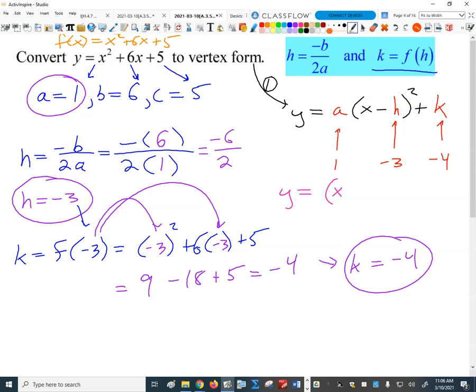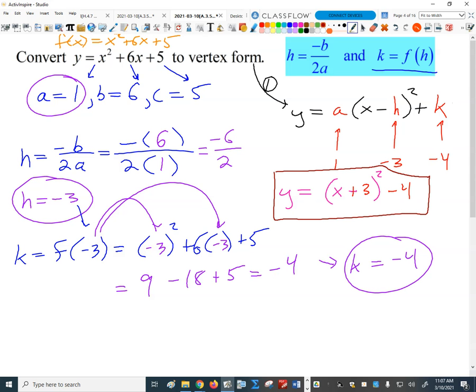So I'm getting 1 times the quantity, I don't write the 1, x minus negative 3 makes that an x plus 3 squared plus negative 4 would just be a minus 4, right? So there's my final answer right there. That's all we're looking for, right?